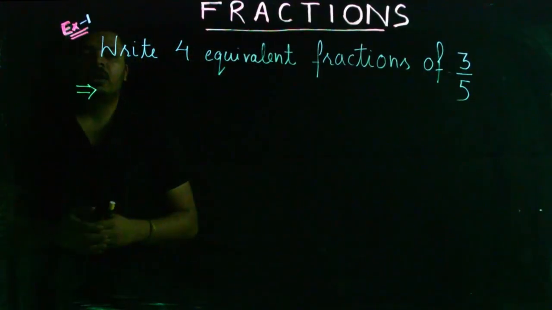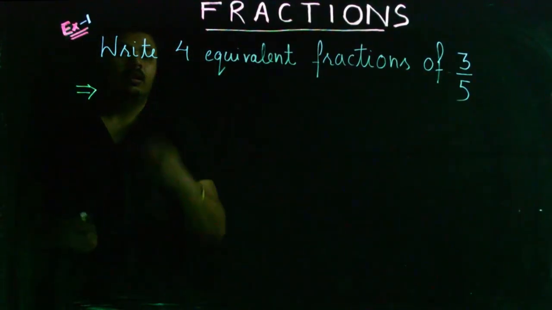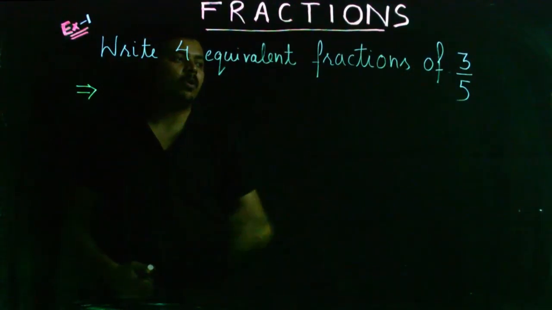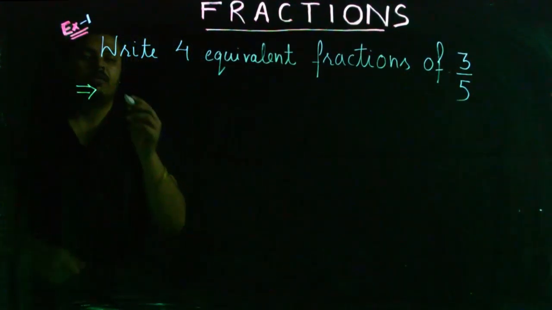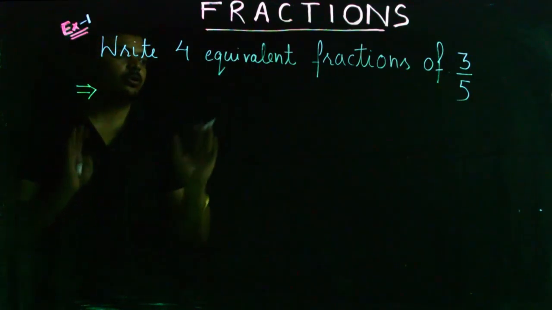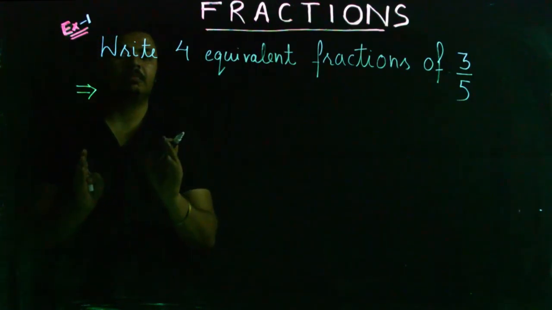So students, now look at example number 1. Write 4 equivalent fractions of 3 upon 5. So our fraction is 3 by 5. We need to multiply both numerator and denominator by the same number.